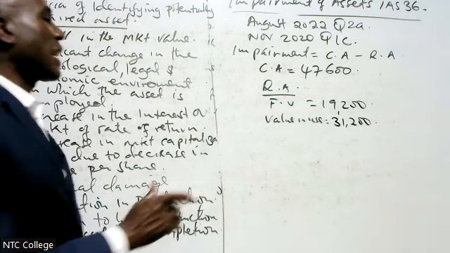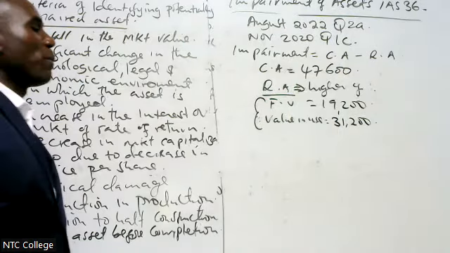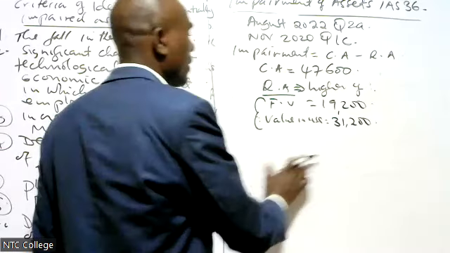Therefore, if I want the recoverable amount, my good friends, I'm going to choose the higher of the two, because the recoverable amount is the higher of the two. From your common sense, you will just tell Mwalimu that the recoverable amount of this asset equals 31,200.